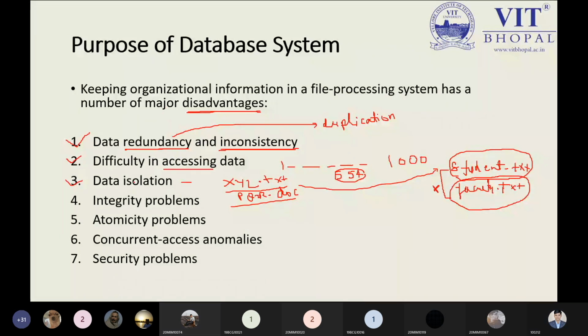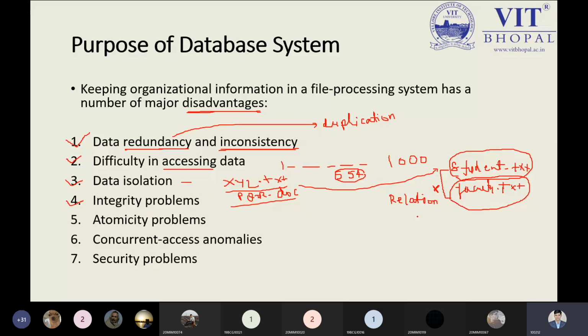Yes, sir. Now, the integrity problem is another problem, and it is telling us that the relationship cannot be created. So I can write here for your betterment, because you can utilize this PPT for study purposes. Relation and relationship are two different words in the database system.